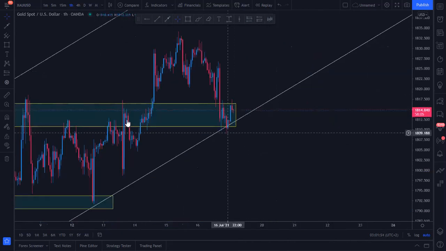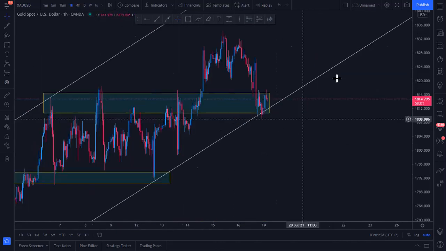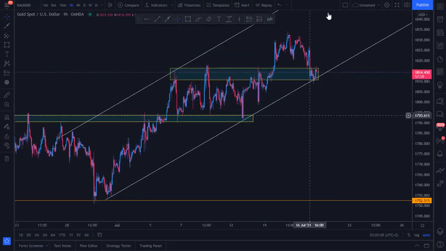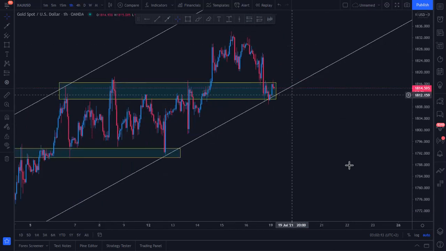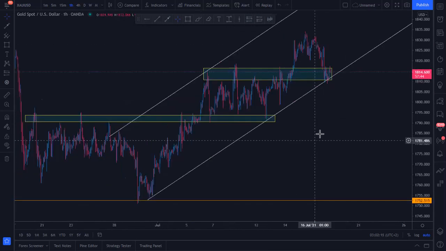We are retesting two levels, this zone level and this trend line level. So we're still expecting the price to move to the upper side because we have not broken these two levels. We're still expecting the price to continue moving to the upper side and we're still within the channel. So for me, this is a great opportunity for a long position.